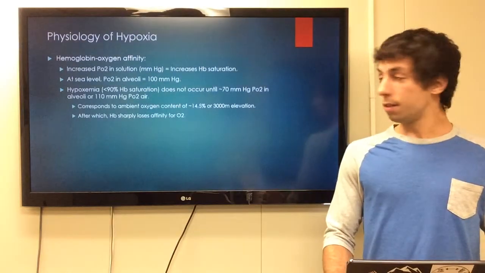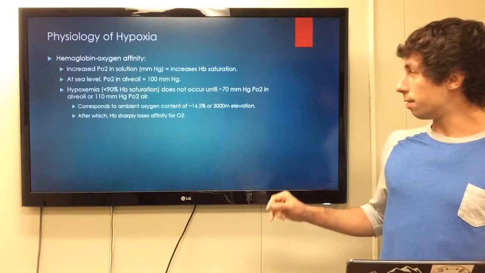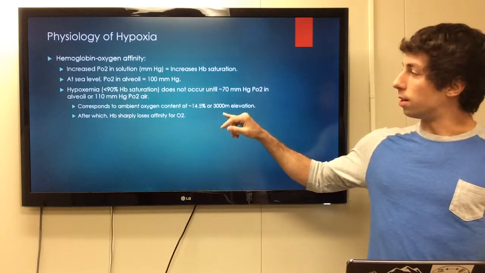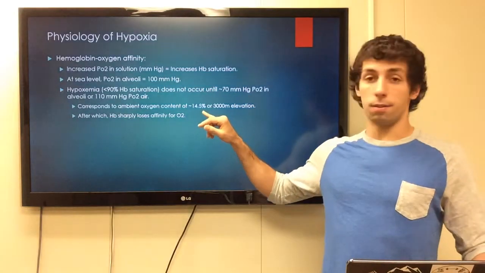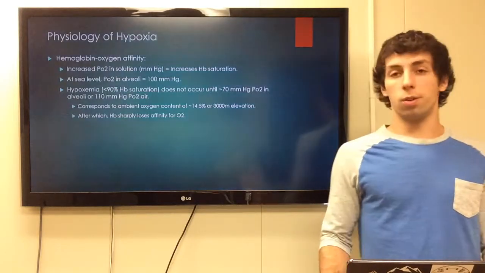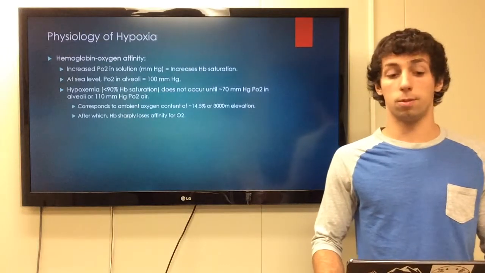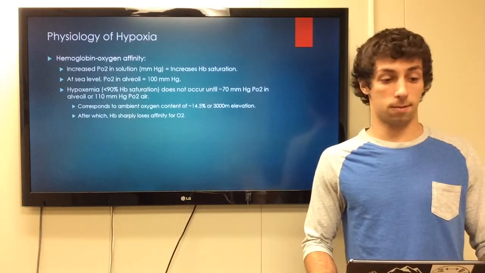A decrease of 30 millimeters of mercury down to 70 in the alveoli corresponds to an atmospheric oxygen content of 14.5%, or an altitude of 3,000 meters, after which hemoglobin sharply loses affinity for oxygen.